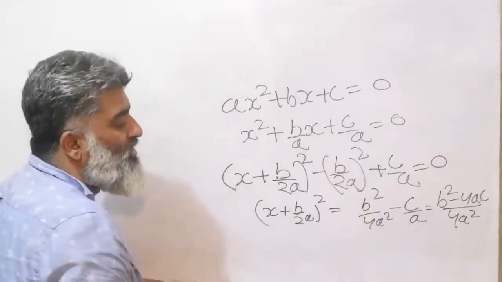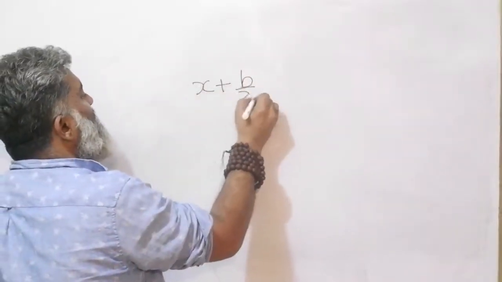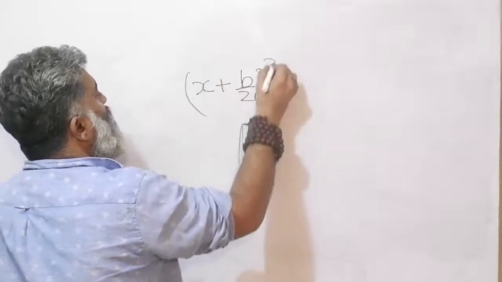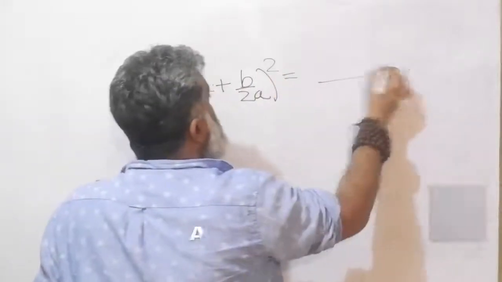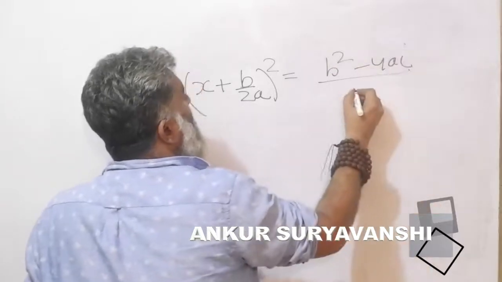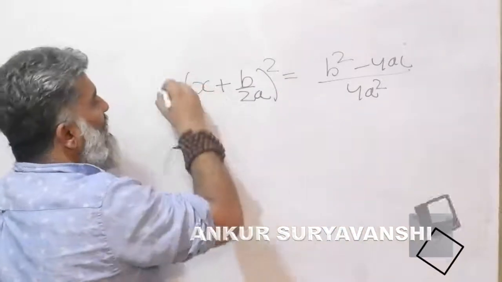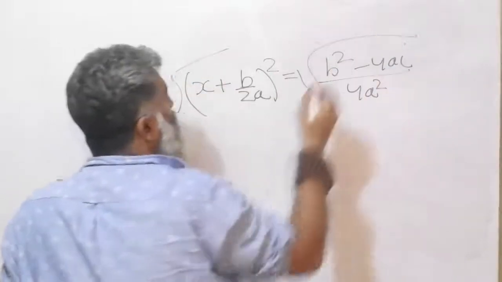So this will become minus 4ac. Now it should look more and more familiar. So let me give it some prime property. x plus b by 2a whole square was equal to b square minus 4ac upon 4a square. And now go for the square root of both the sides. What will you get?